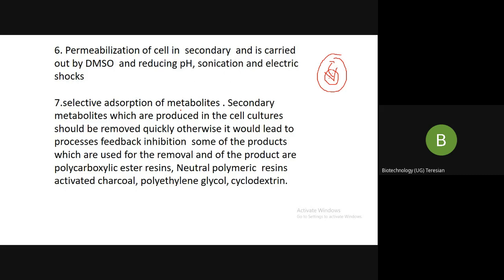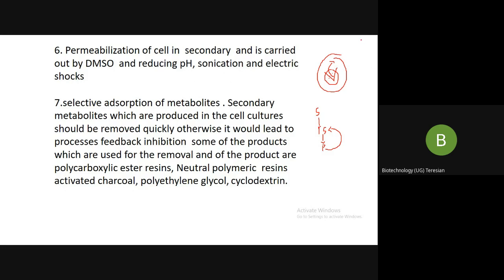Let's say this is your substrate and this is your product. Again, this product will act as a substrate for another product formation. So what is happening? You're not removing your product, that is your secondary metabolite. Now what will happen? This product itself can go and attack your substrate. That is called feedback inhibition. And also the cells have enzymatic and non-enzymatic materials. They also can go and inhibit your secondary metabolites.